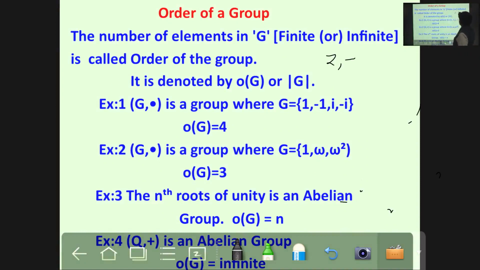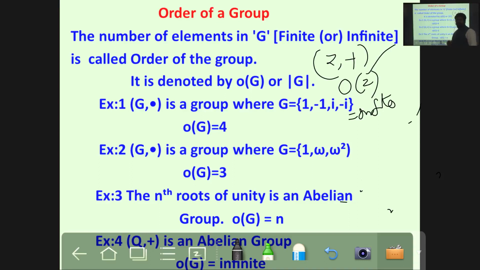Z plus is a group, but what is the order of Z? Infinite, because Z is infinite. Therefore, order of Z is infinite. Q plus is also a group. What is the order of Q?